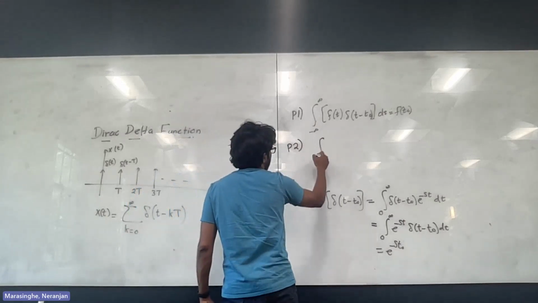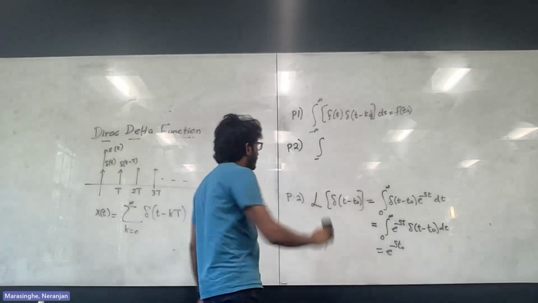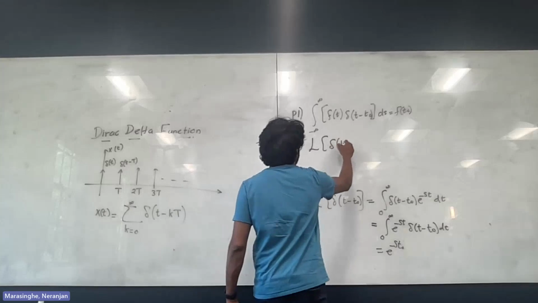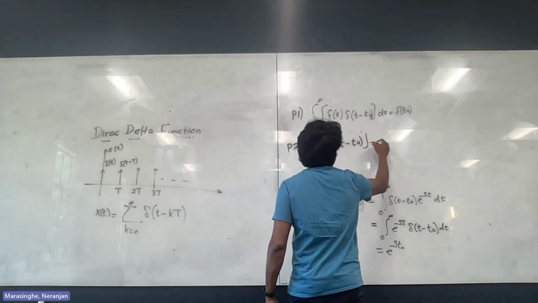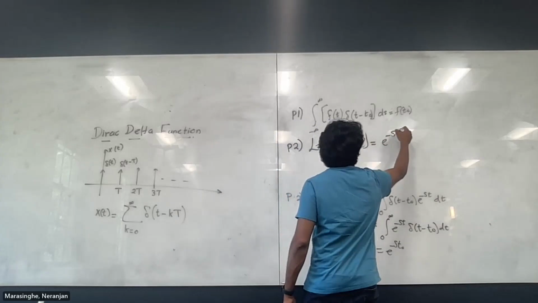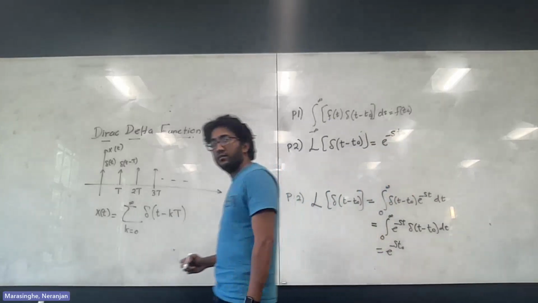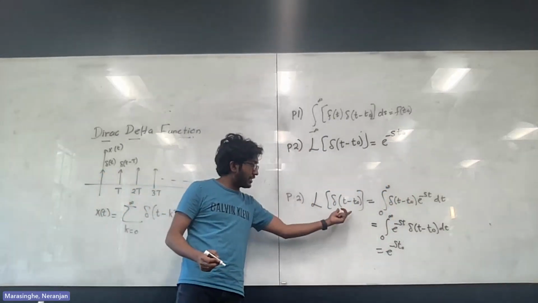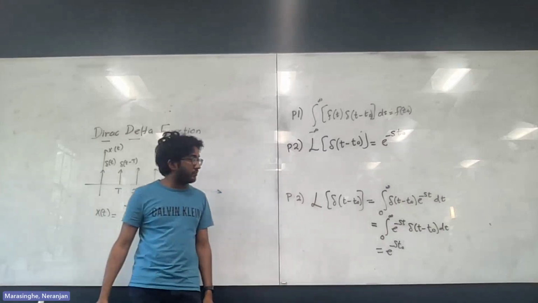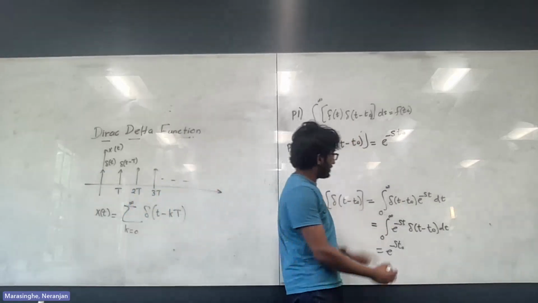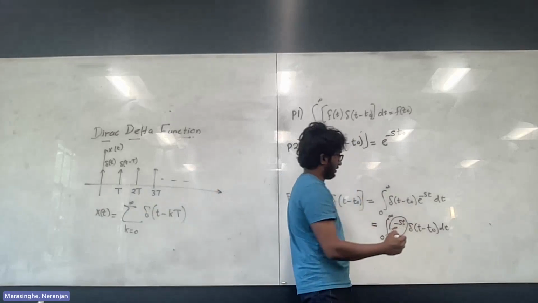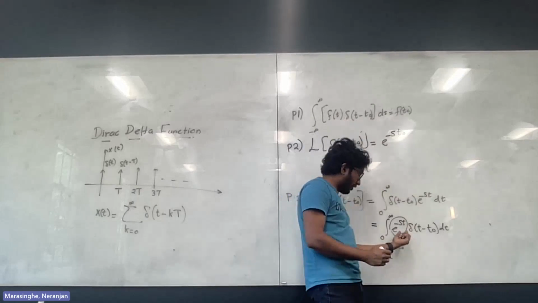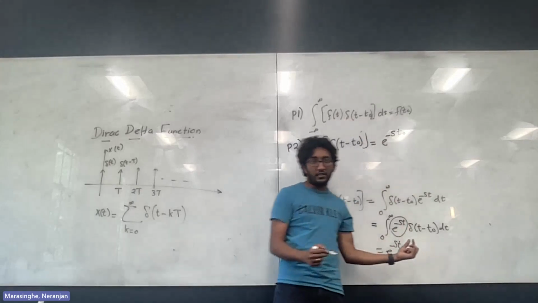This is property number 2: the Laplace transform of delta t minus t naught is equal to e to the minus s t naught. Is it clear how I applied the first property to evaluate the Laplace transform? Instead of f(t), I have e to the minus st. Based on this formula, I get f(t naught), so I just need to plug in t naught instead of t.